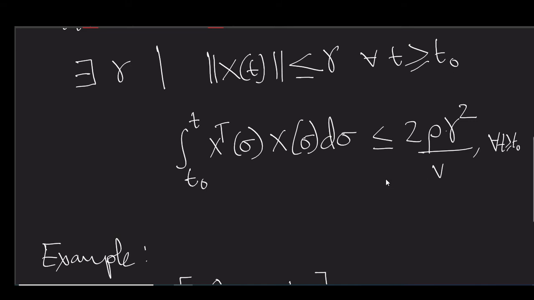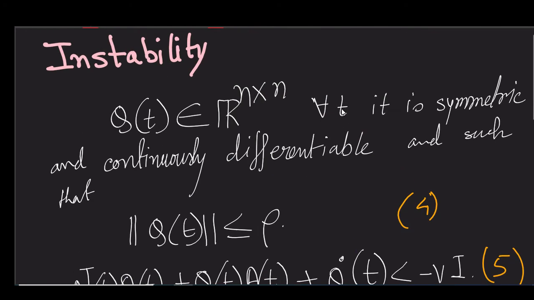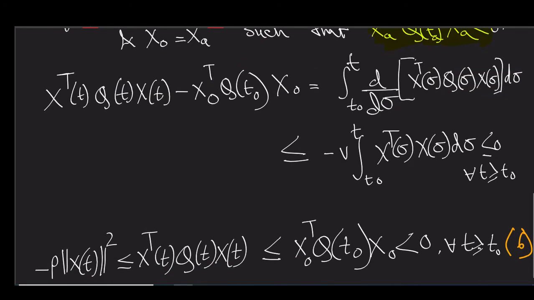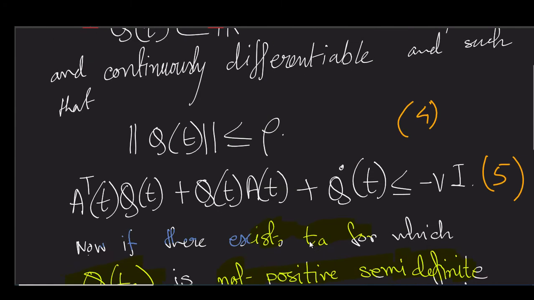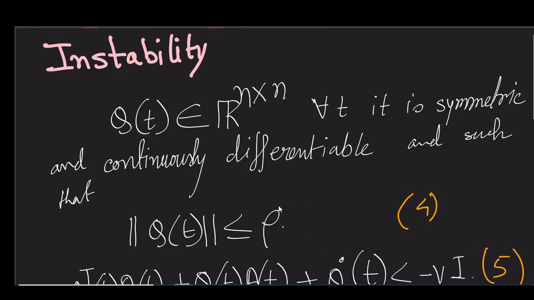And the integrand, which is a continuously differentiable scalar function, must go to 0 as t tends to infinity. Therefore, xt must also go to 0, and that implies that our equation number 6 is getting violated, because equation 6 gives you an unbounded solution for large t. So this proves the contradiction.